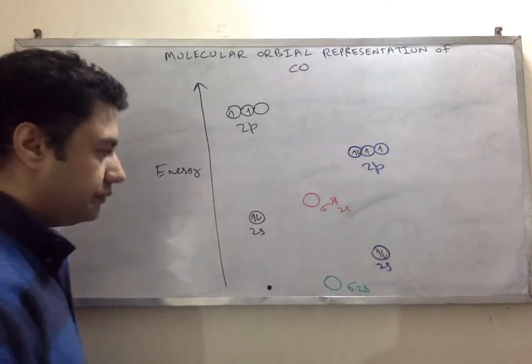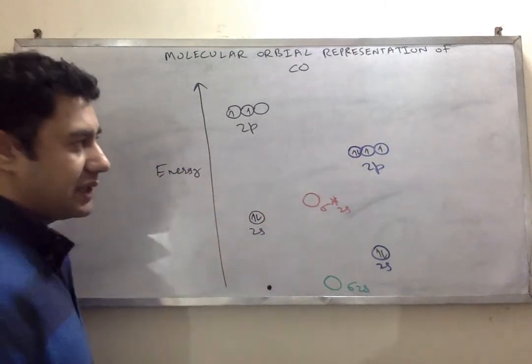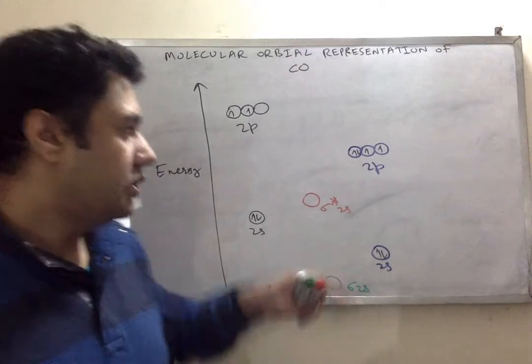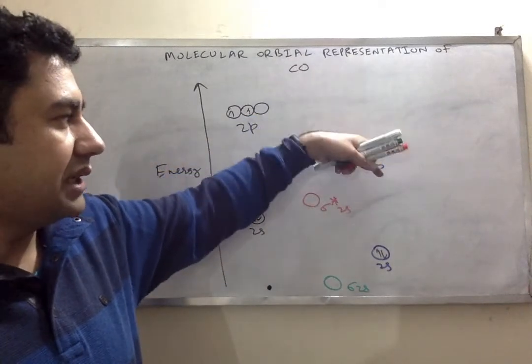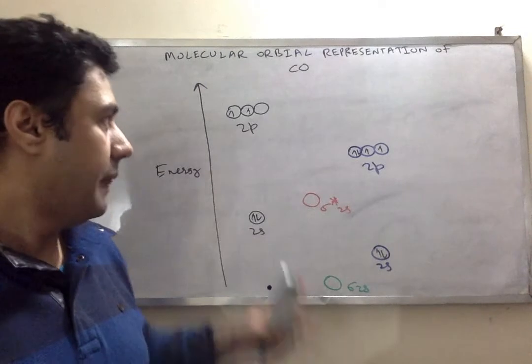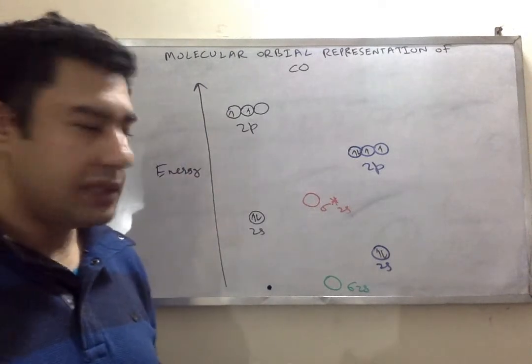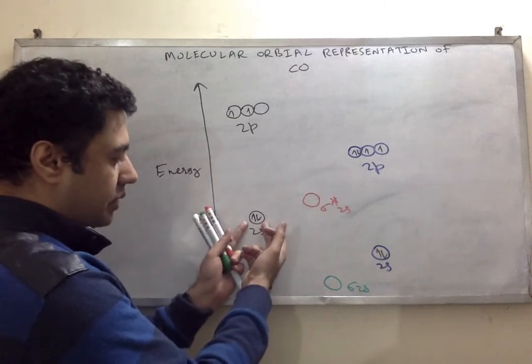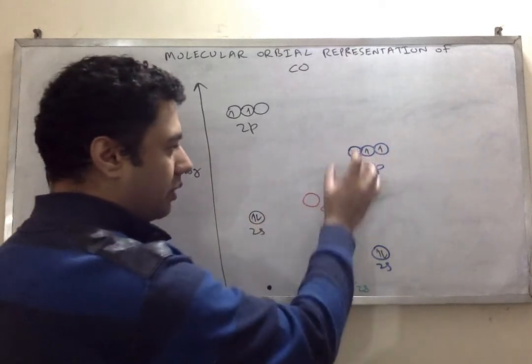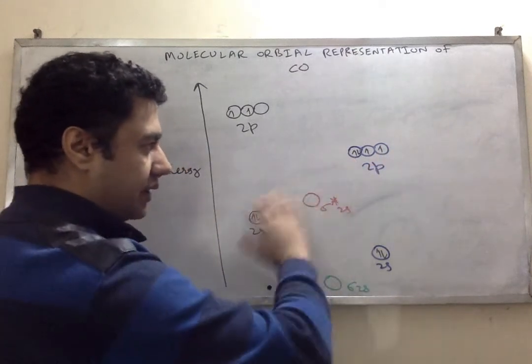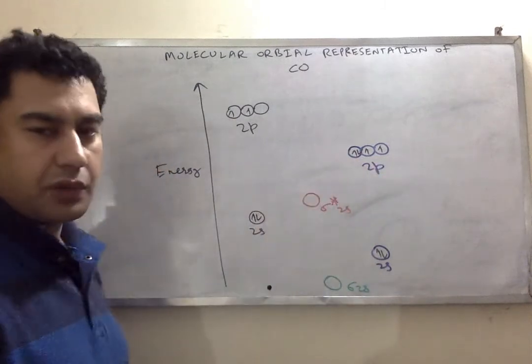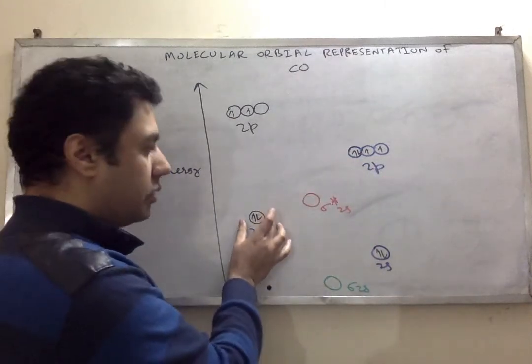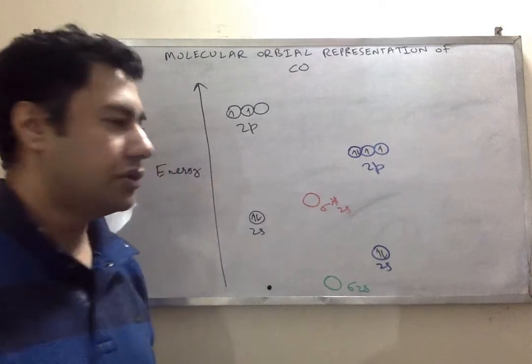And thereafter, now a special case comes. Since the 2p orbitals of oxygen are significantly lower in energy compared to the carbon's 2p orbitals, we have the case in which the 2s orbital of carbon and the 2p orbitals of oxygen have similar energies, and therefore it makes it possible for this 2s and 2p interaction also to happen.